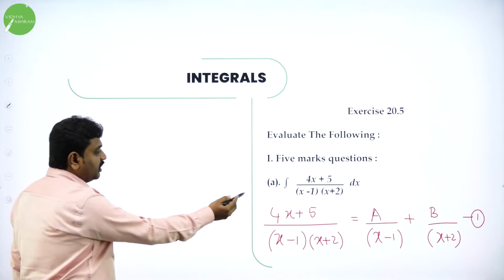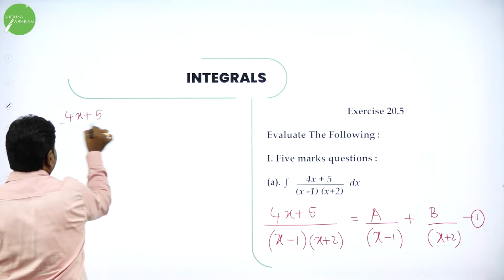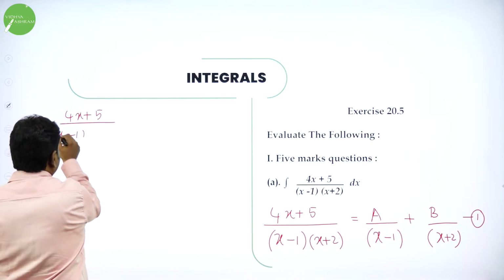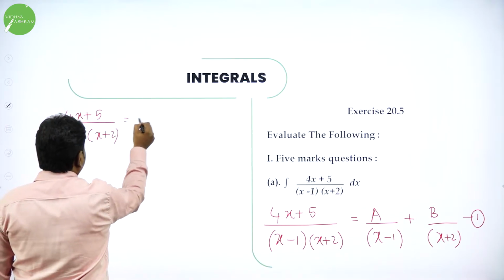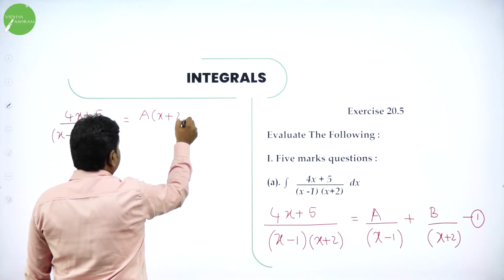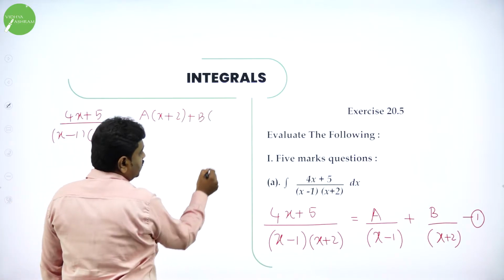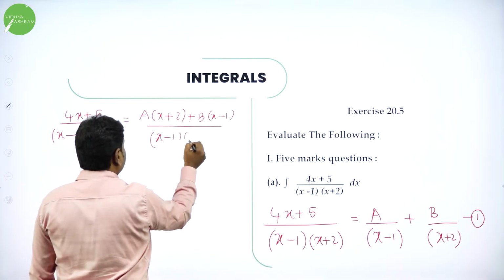Now to find a and b, take LCM. So here 4x plus 5 divided by x minus 1 into x plus 2 can be written as a into x plus 2 plus b into x minus 1 divided by x minus 1 into x plus 2.